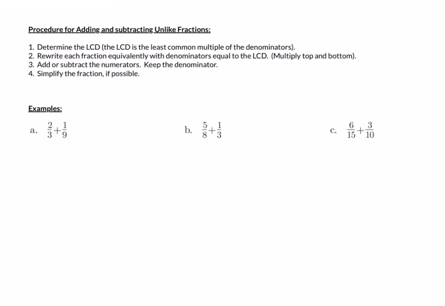Now remember that we are going to have to multiply the tops and the bottoms by the same numbers for each fraction. Once our denominators are the same, then we can add or subtract the numerators, keep the denominator, and then simplify the fraction if possible. So let's go ahead and look at some examples.